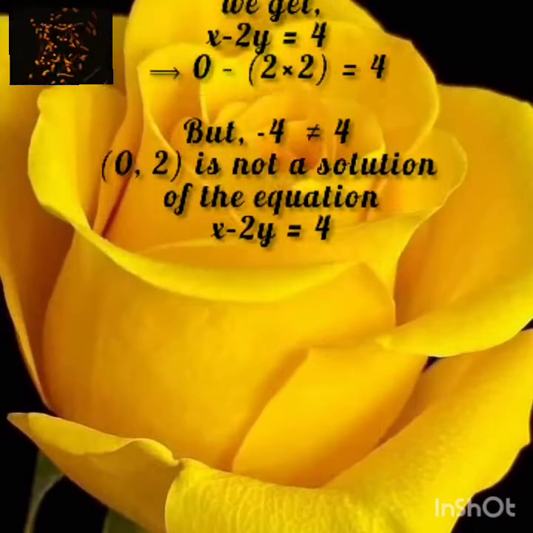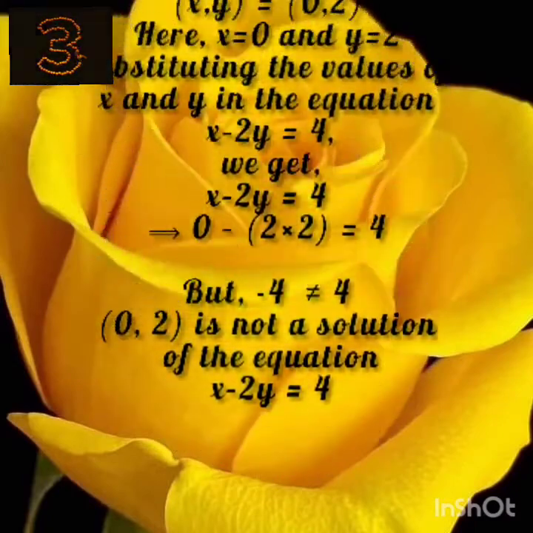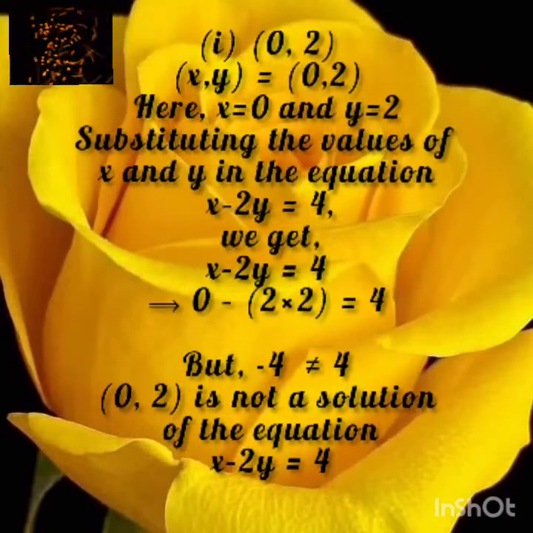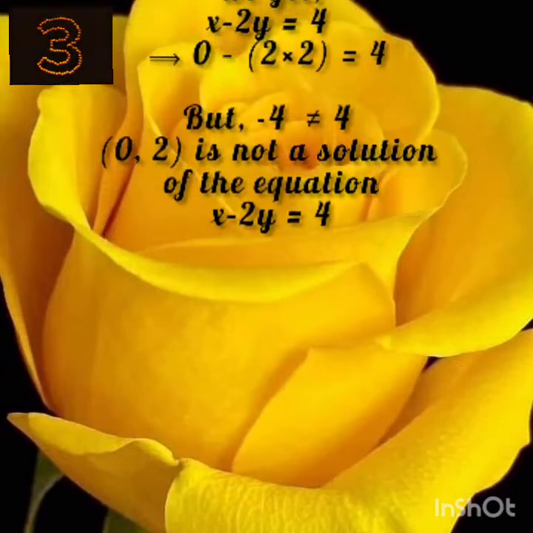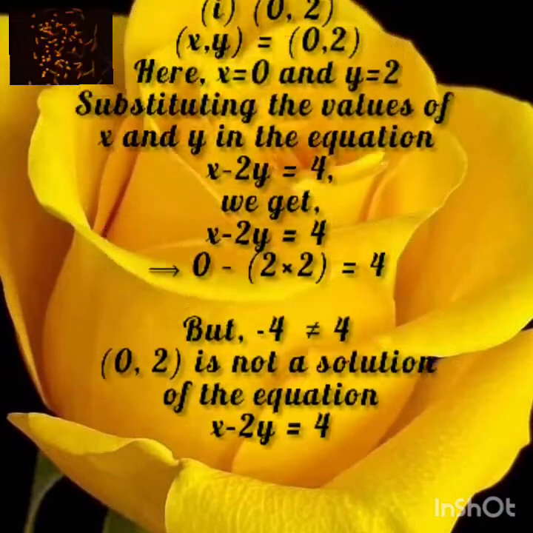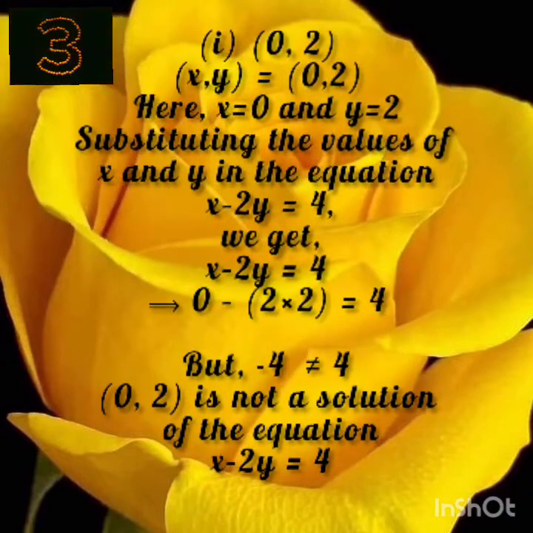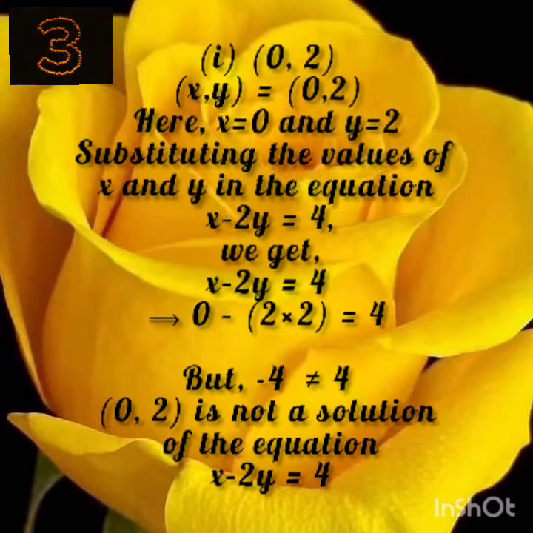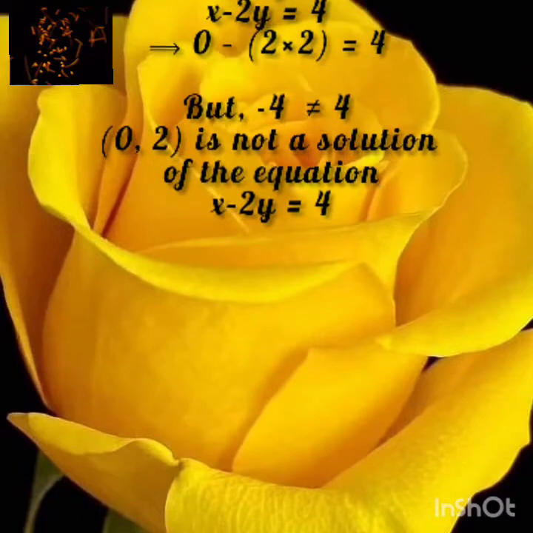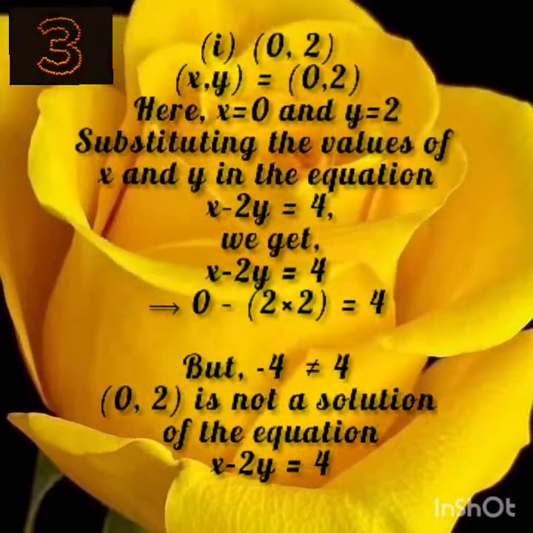So we are given the first value (0, 2). We know that (x, y) we can represent as a coordinate. So if we compare, we will have the value of x equal to 0 and the value of y equal to 2. Now substituting these values of x and y in the given equation.